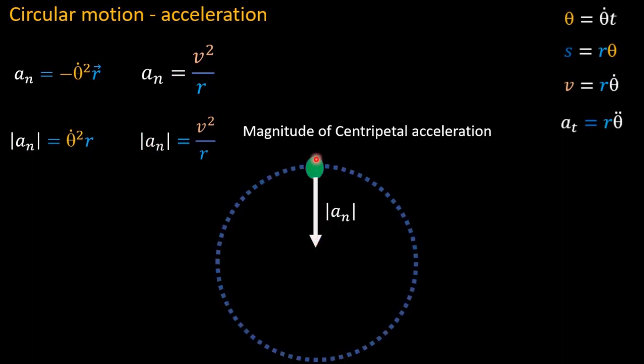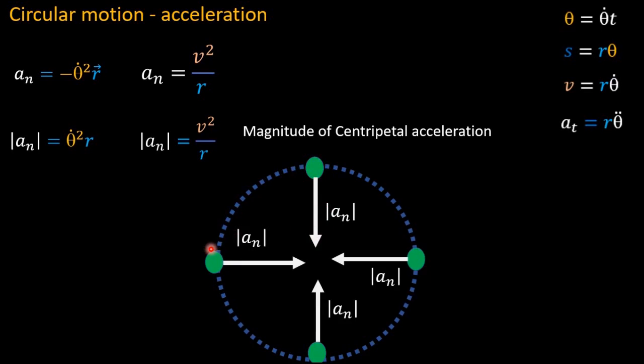If I have the particle at this position on this circular path, as it goes round, a sub n is always acting towards the center. Because it's a circle, the center of curvature is constant, so r is constant. If r was varying, at every point along that curve the centripetal acceleration would always act towards the center of curvature.